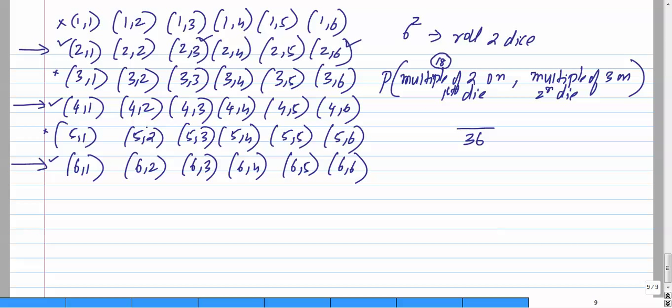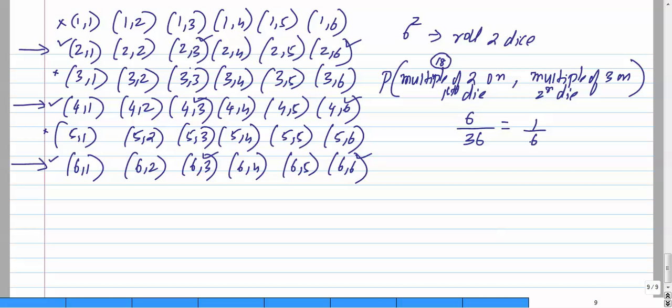So out of 18 I qualify 2 occurrences from each of the 3 rows. Slightly tricky problem. So 2 plus 2 plus 2, I have only 6 options.